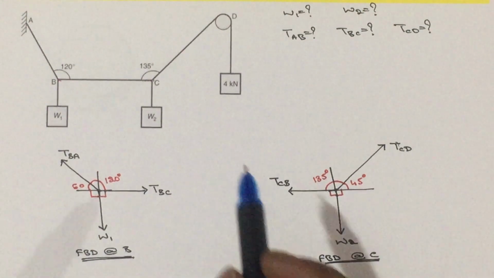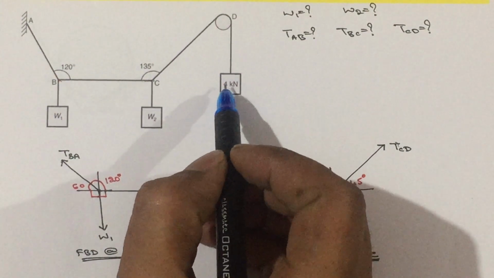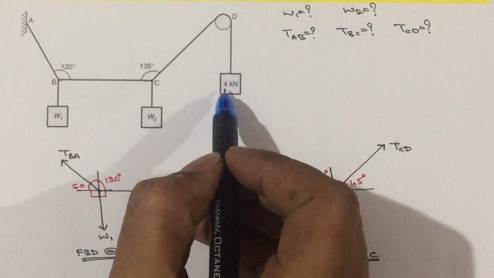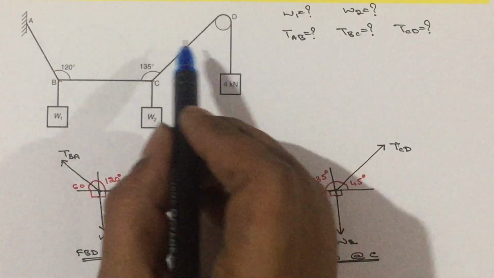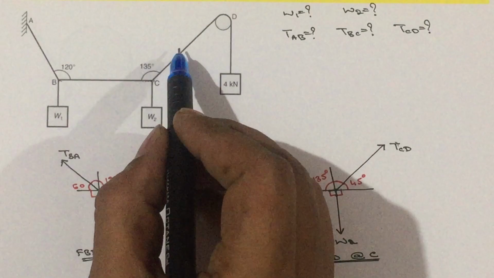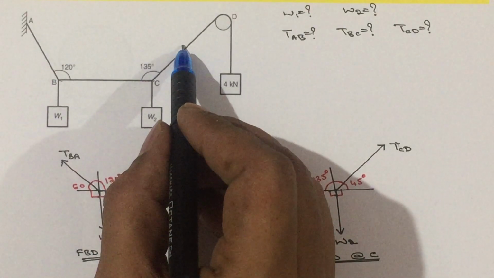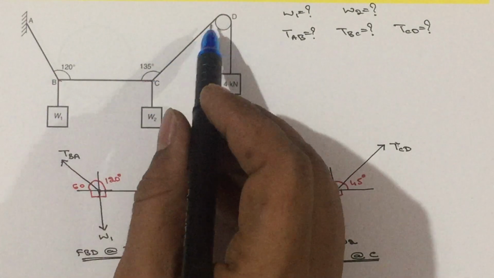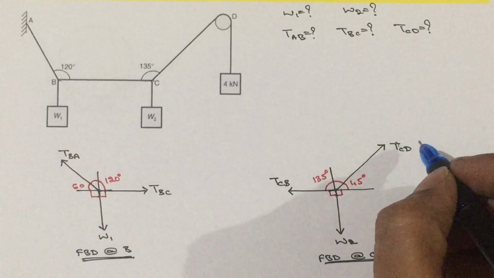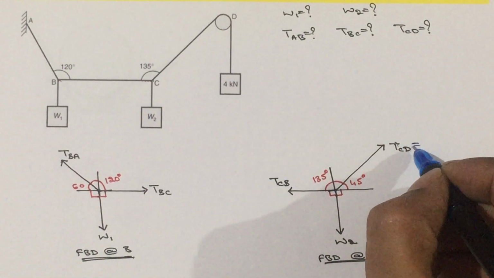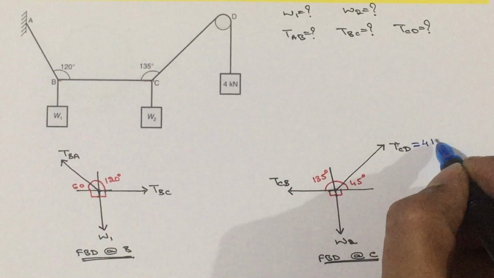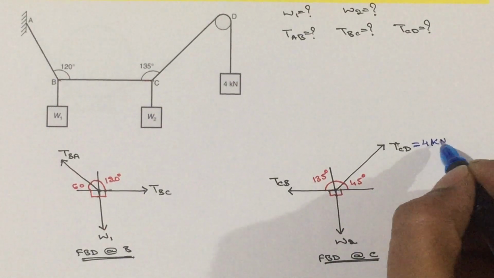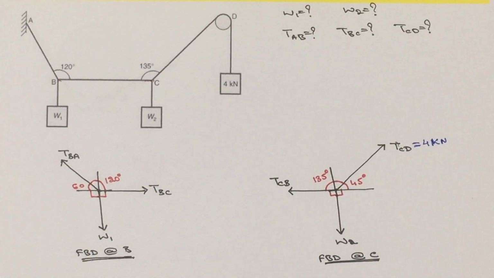So, by using that principle, the tension in this cable will be equal to 4 kilonewton, this tension will be equal to this tension. So, indirectly this tension in the cable CD will be equal to the 4 kilonewton. We can write TCD is equal to 4 kilonewton.